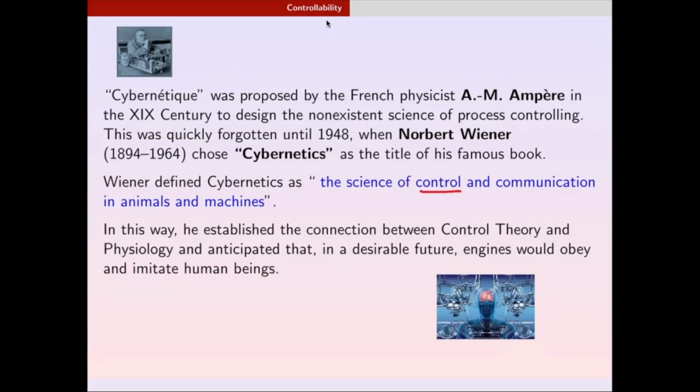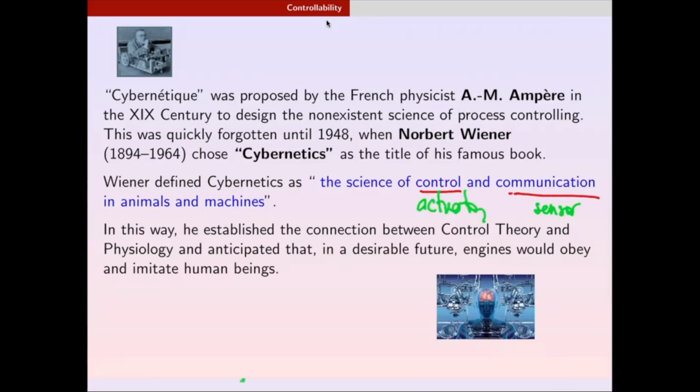So you see here some key words. You see control and communication, and this reminds us of what we already have seen in the context of the harmonic oscillator. We said for the harmonic oscillator, we need sensors allowing us to measure the position or the velocity, but we also need actuators to actually apply forces on the system and modify the trajectory of the system.